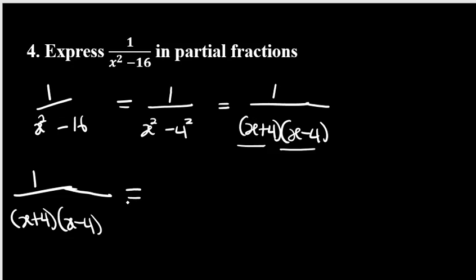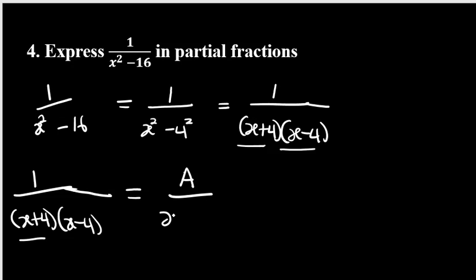Now for the partial fraction, if the denominator of the fraction involves linear factors which are different, the basic assumption is the numerator is going to be a constant which we don't know. So the numerator of our first fraction is going to be A, that is a constant that we don't know, over one of the linear factors.